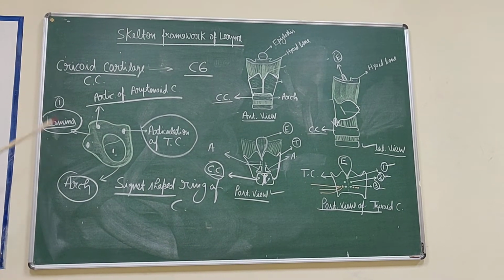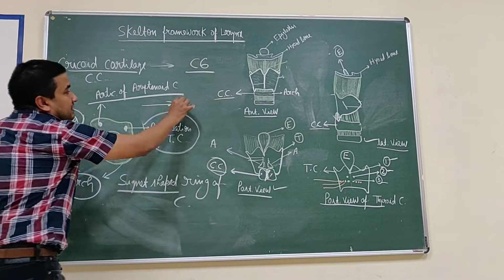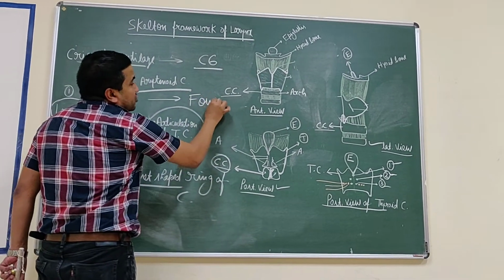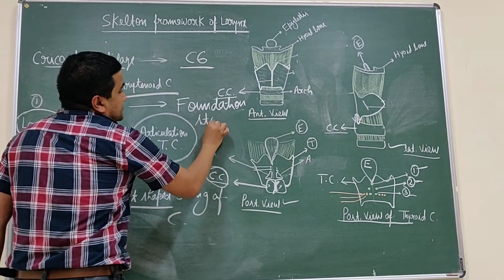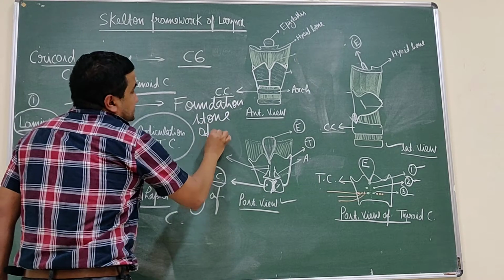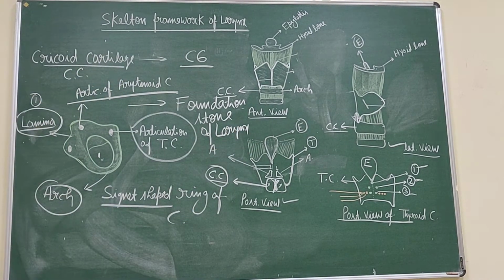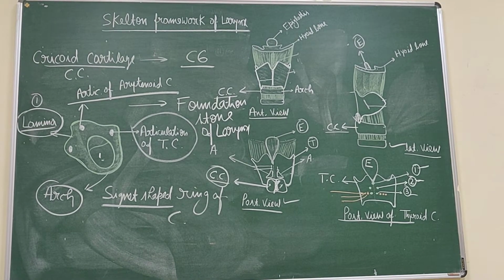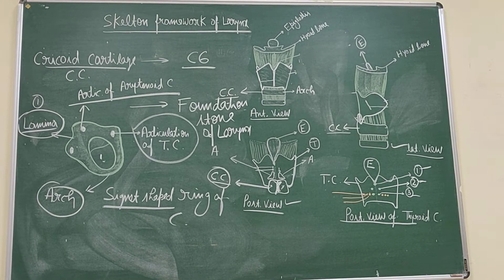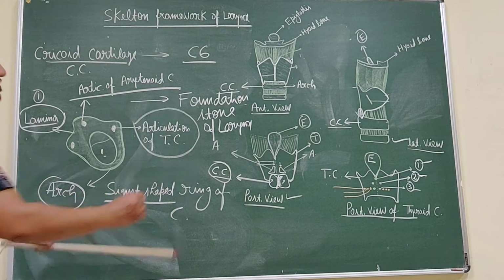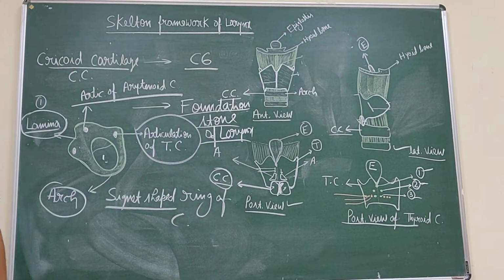And this cricoid cartilage is considered the foundation stone of the larynx. This cartilage, which completely encircles the laryngeal cavity, the laryngeal lumen, is considered the foundation stone of the larynx.